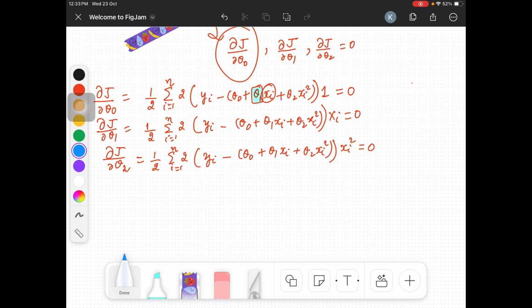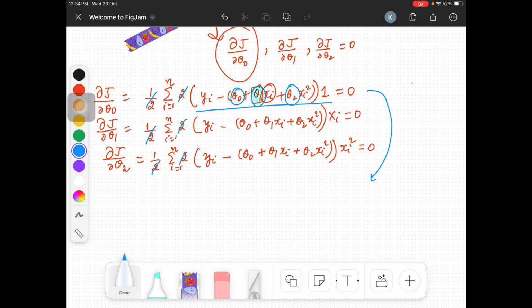Now let us work here. What we will get if we try to simplify: this 2 cancels everywhere, right? Okay, so we'll do one at a time. I am interested in calculating theta naught, theta 1 and theta 2. Everything else I know. So let me write down: I'll bring theta naught, theta 1 and theta 2 on the left hand side and all other terms on the right hand side.